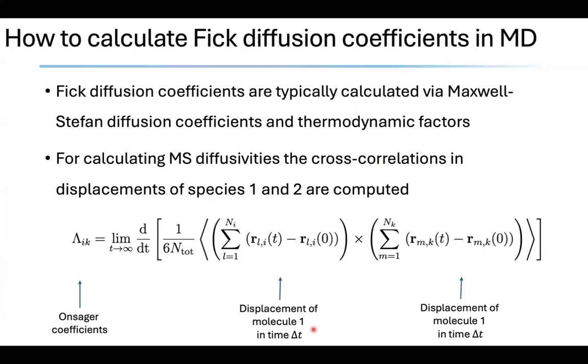Note that Fick diffusivities are usually measured in experiments, as concentration gradients are easy to measure. Gradients in chemical potential are extremely difficult or almost impossible to measure in experiments. Thus, this is the prime reason why experimental data is reported in terms of Fick diffusivities.